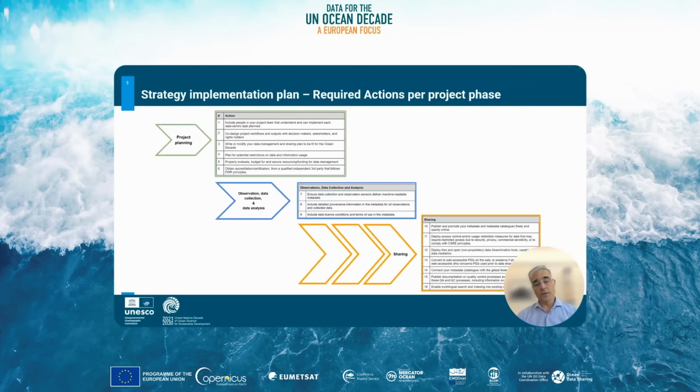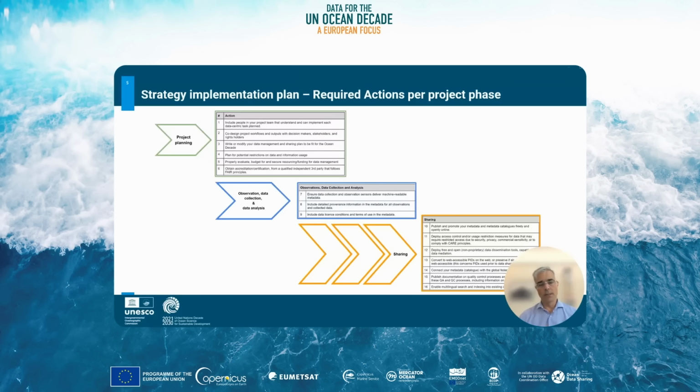Once the overarching strategy was published, we got to work on figuring out what is the implementation plan for this particular strategy. And what we came up with was, we decided to develop a series of instructions and to organize these different instructions according to the different phases of a project.